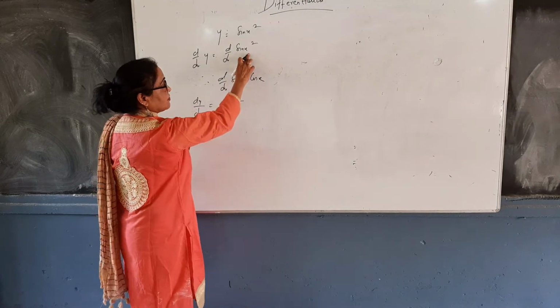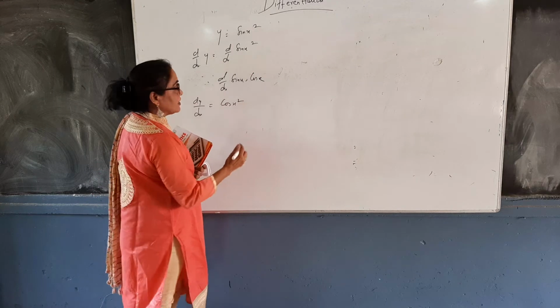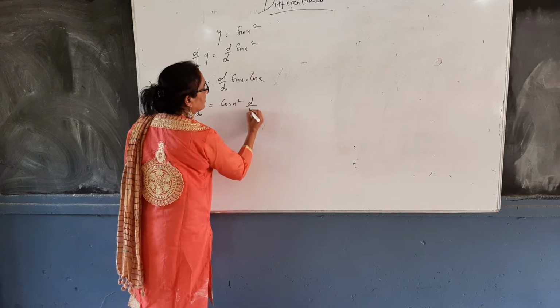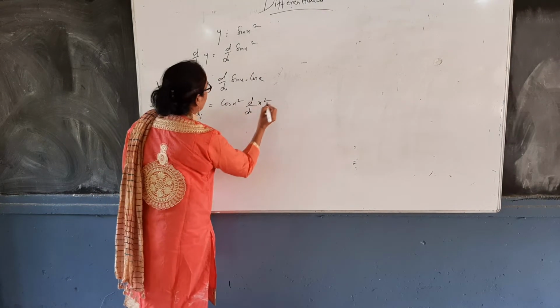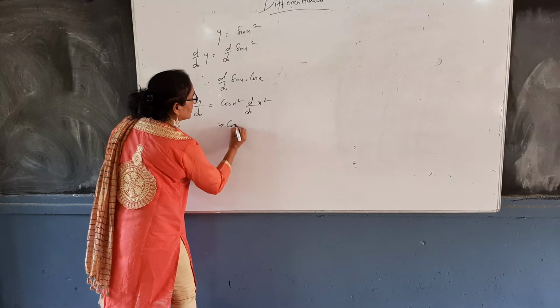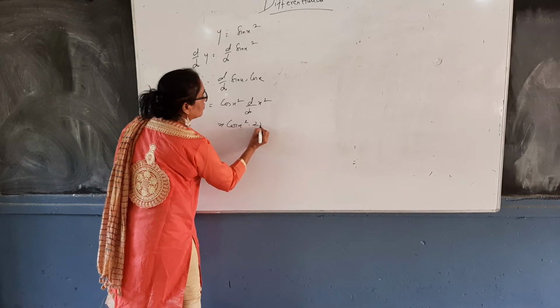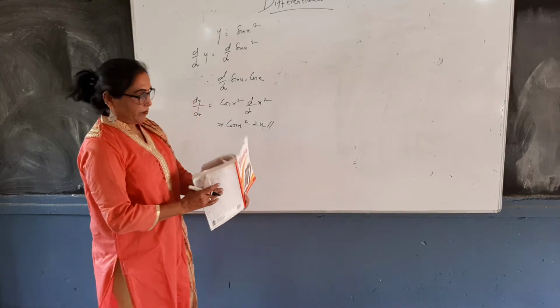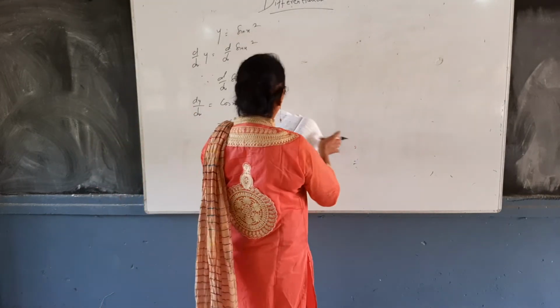Since the function x square is given, we have to differentiate that also, so we will get cos x square into 2x. This is our result.